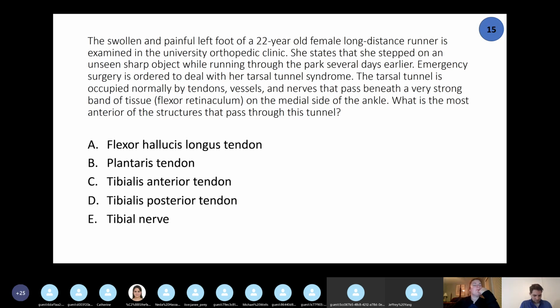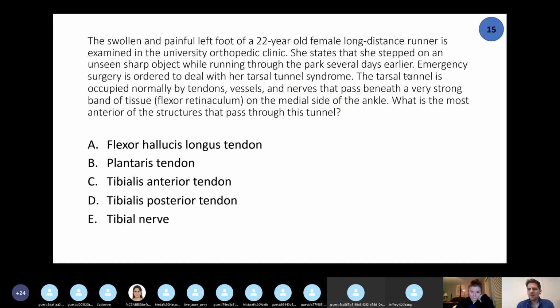Let's try this one. All right, so this syndrome should seem similar to carpal tunnel syndrome, right?